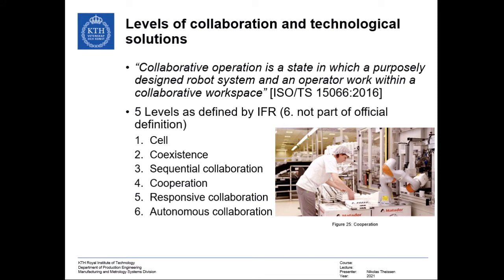Then there is cooperation. In cooperation, both the robot and the worker are active in the same workspace at the same time, that is, both robot and the worker move simultaneously.